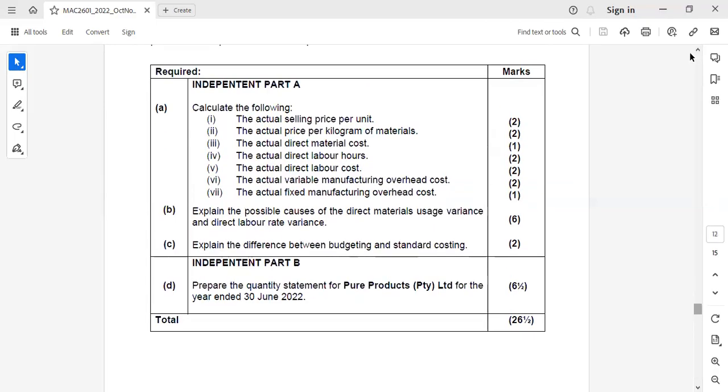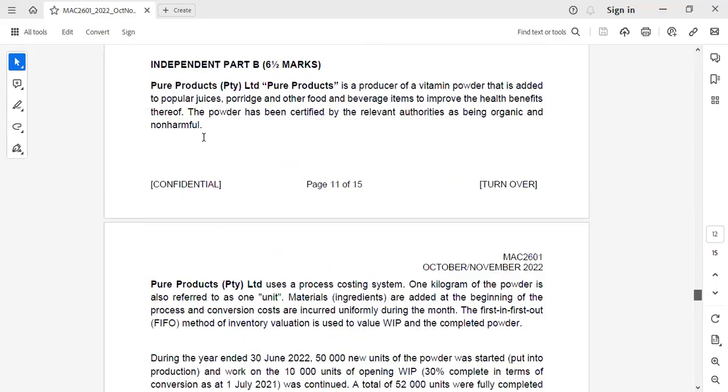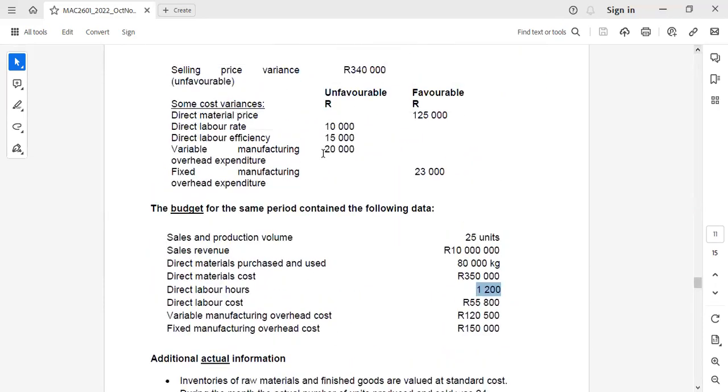We check if we got anything on variable manufacturing overhead expenditure variance.